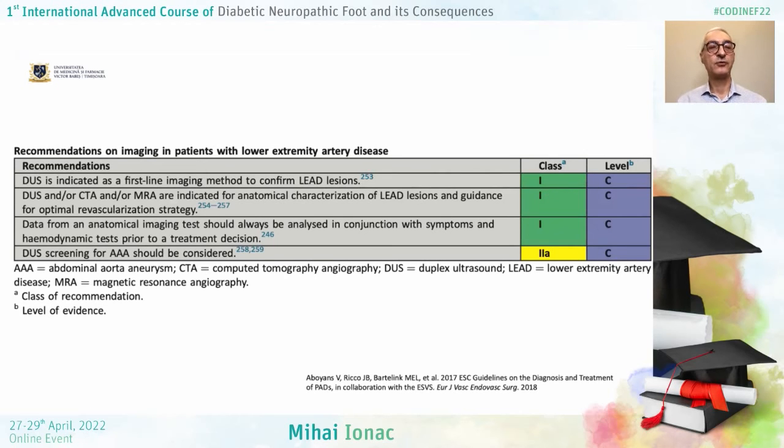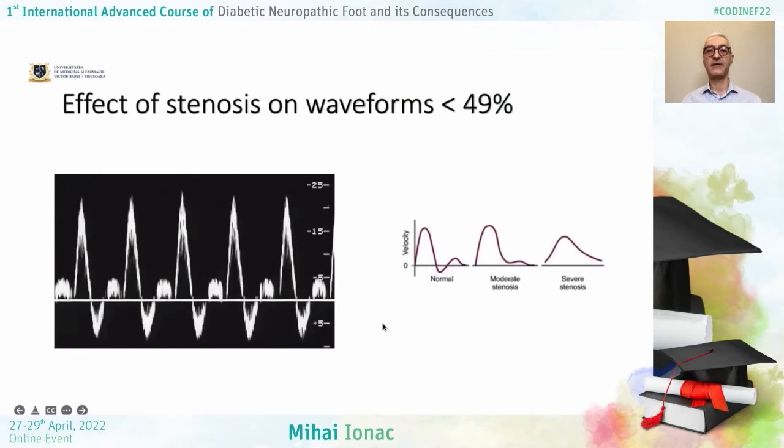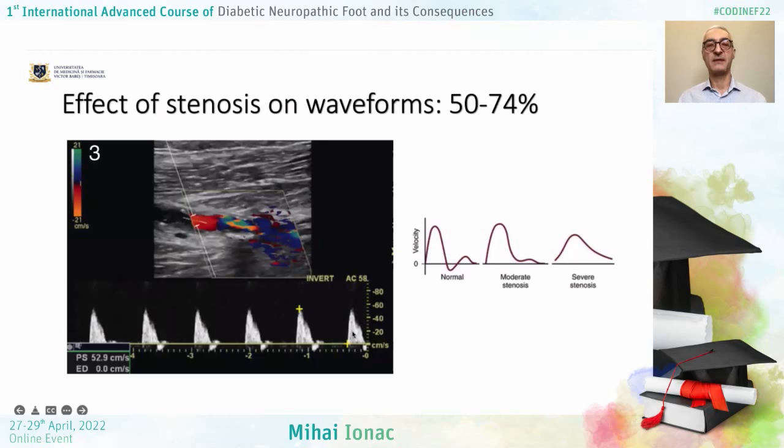What about duplex? I have 30 seconds left. Duplex is indicated as the first-line imaging method to confirm lower extremity arterial disease. This is a normal aspect of a duplex ultrasound where we have the color and also the pulse wave Doppler. If the stenosis is below 50%, then we have almost normal waves.